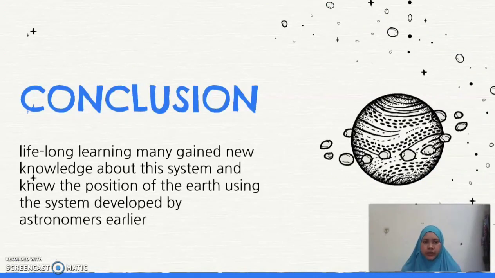In the conclusion, I can conclude that the equatorial coordinate system and the topocentric coordinate system are still relevant to use until now.